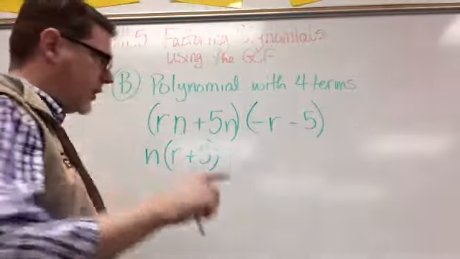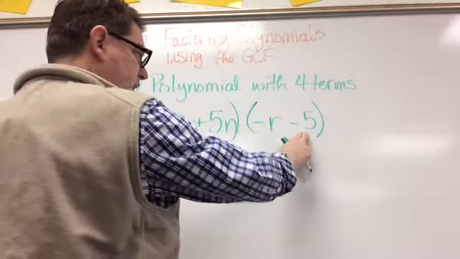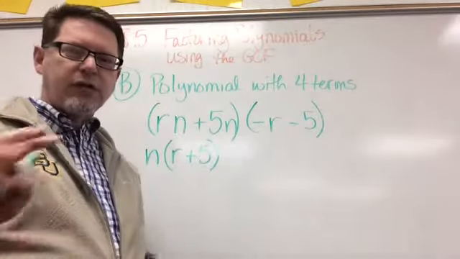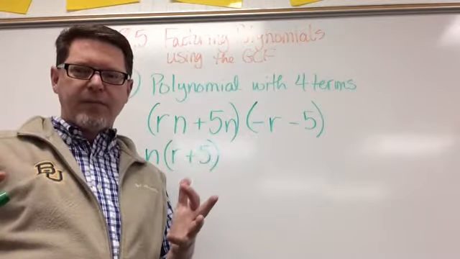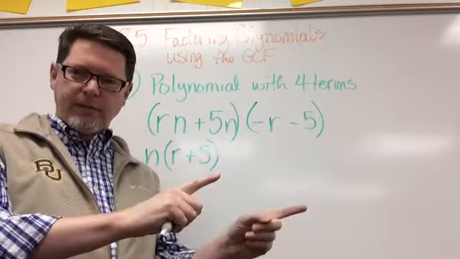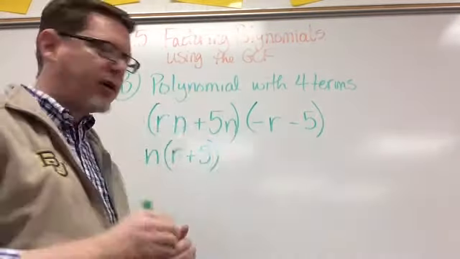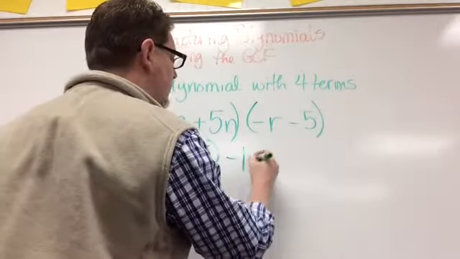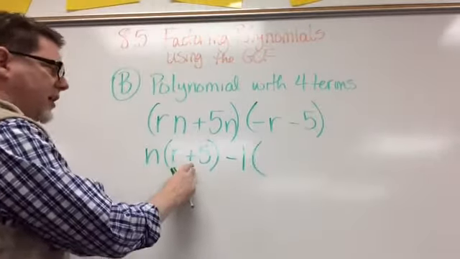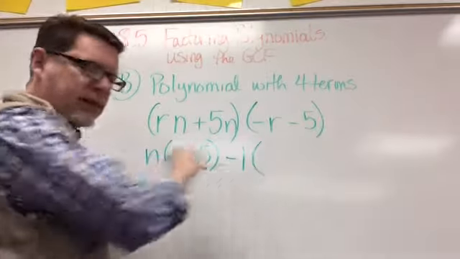Now here's why we did it the other way. I've got negative r and negative 5. Well, you're thinking there's really no greatest common factor between r and 5, but there is a negative 1. So I need to factor out the negative 1 so that I can get r plus 5 as the other binomial.